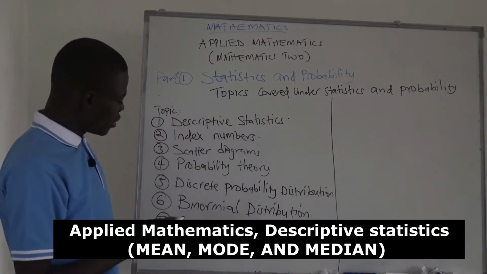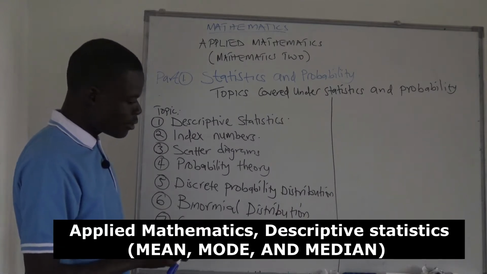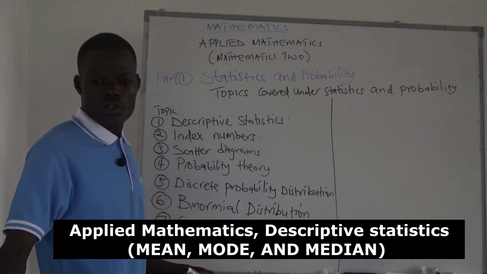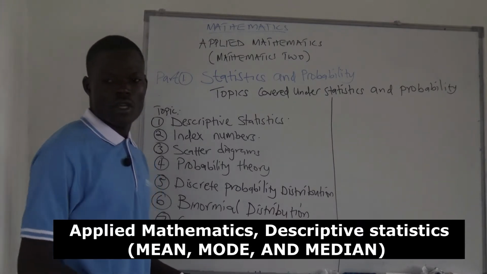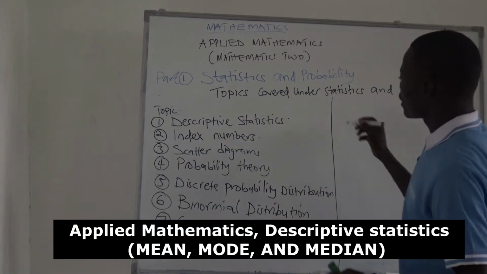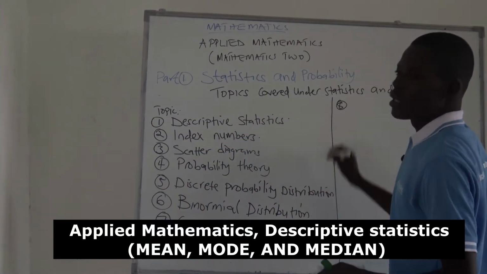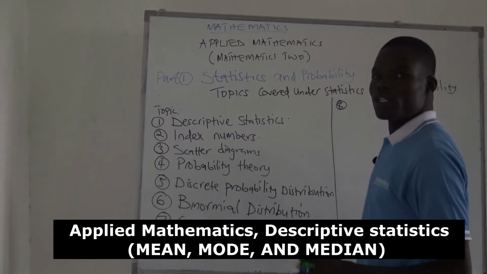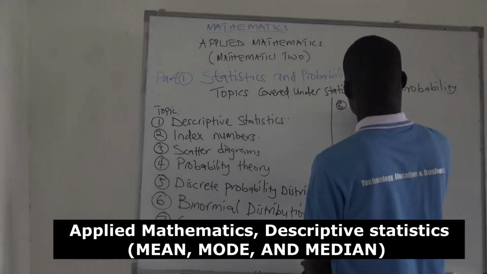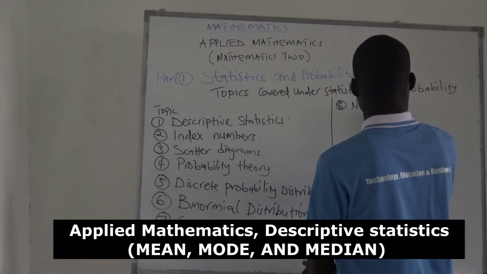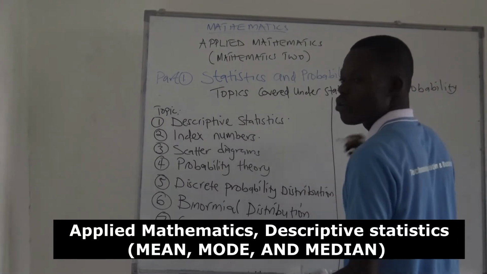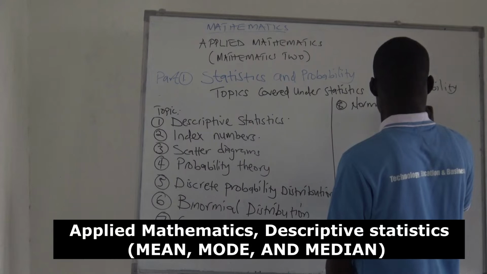Those are the 7 topics, with the seventh being continuous random variables. And then the 8th topic is called normal distribution.